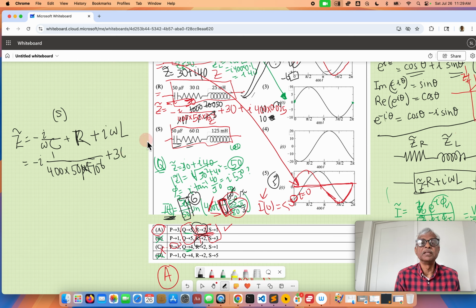This time it is 60, not 30. So each one of them has different numbers, so we've got to be careful. I just almost made a blunder here. 400 times millihenry 0.125.